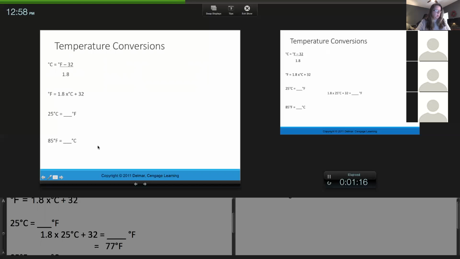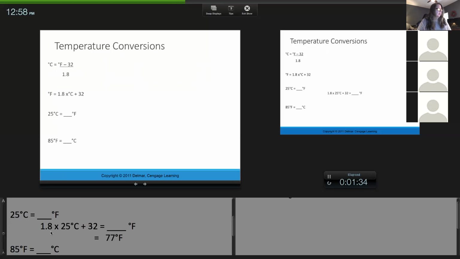Quite often we're going from Celsius to Fahrenheit. Very rarely do we have to go Fahrenheit to Celsius. Most of the time you might work with a thermometer that for some reason reads in Celsius, and then we have to convert to Fahrenheit. So if I have 25 degrees Celsius, I'm going to do 1.8 times 25, plus 32, which would give me 77 degrees Fahrenheit.